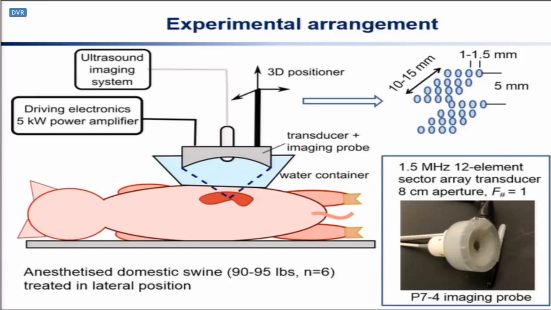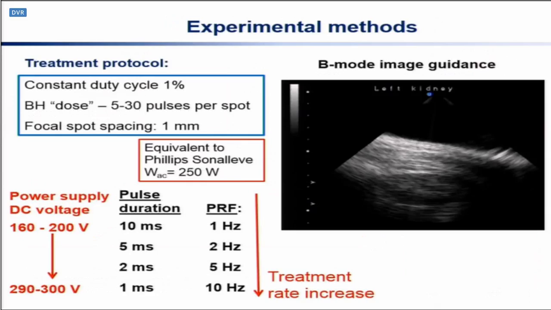The treatment was visualized in real time during boiling histotripsy sonications, and the results were also visualized using ultrasound imaging. Then, after necropsy, the kidneys were collected for gross analysis, histological analysis, and ultrastructural analysis.